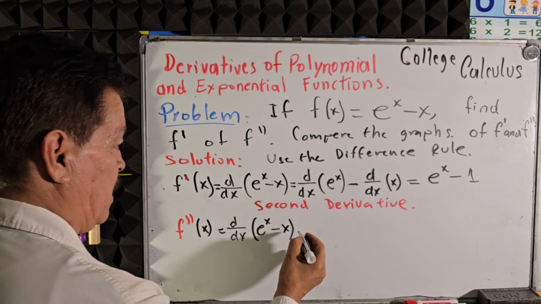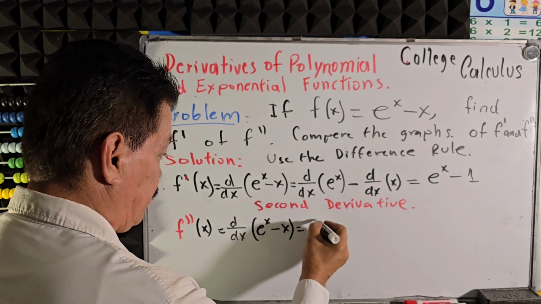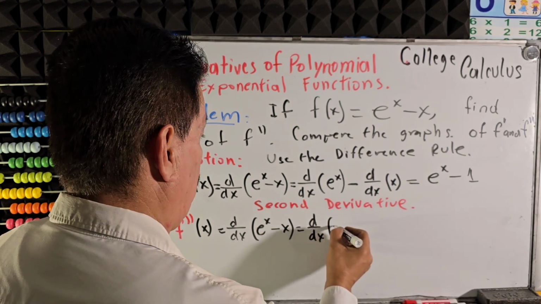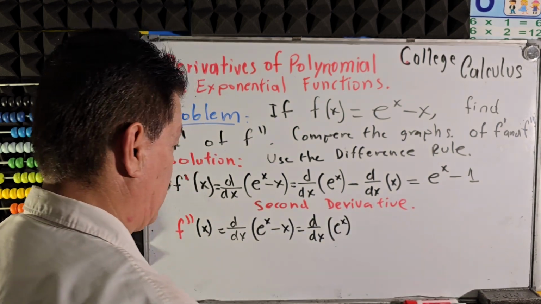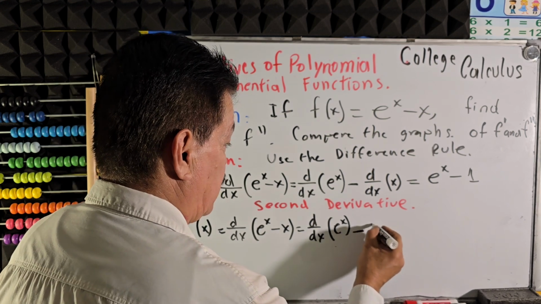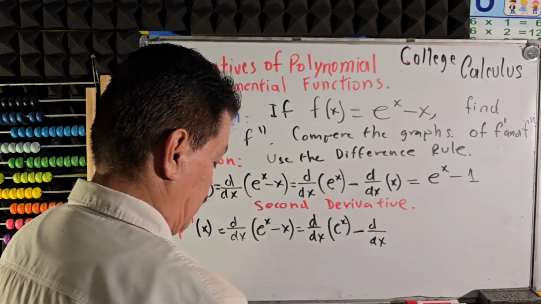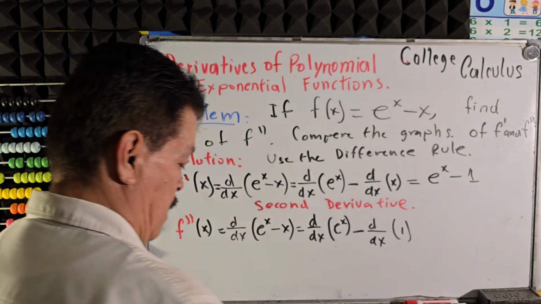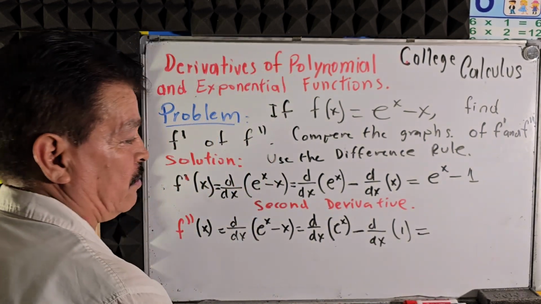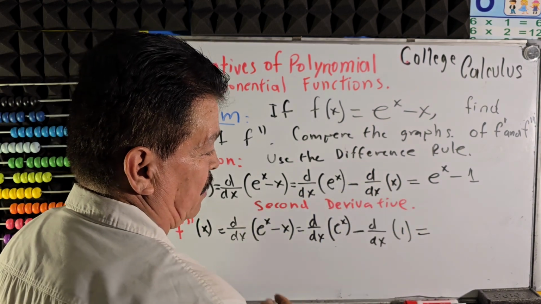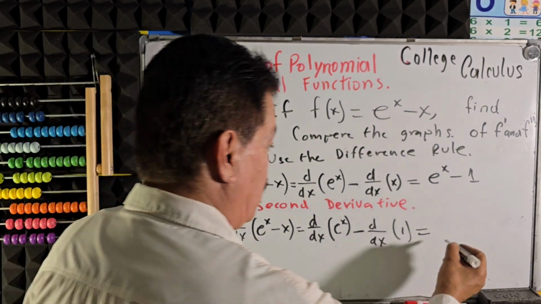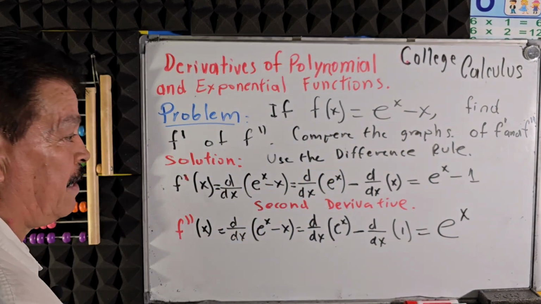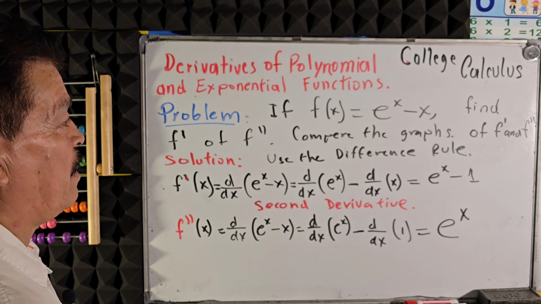So equals d divided by dx of e to the x power, minus d divided by dx of x, times 1. Here it is x, now times 1. See, the answer is e to the x power. That's the solution to our problem.